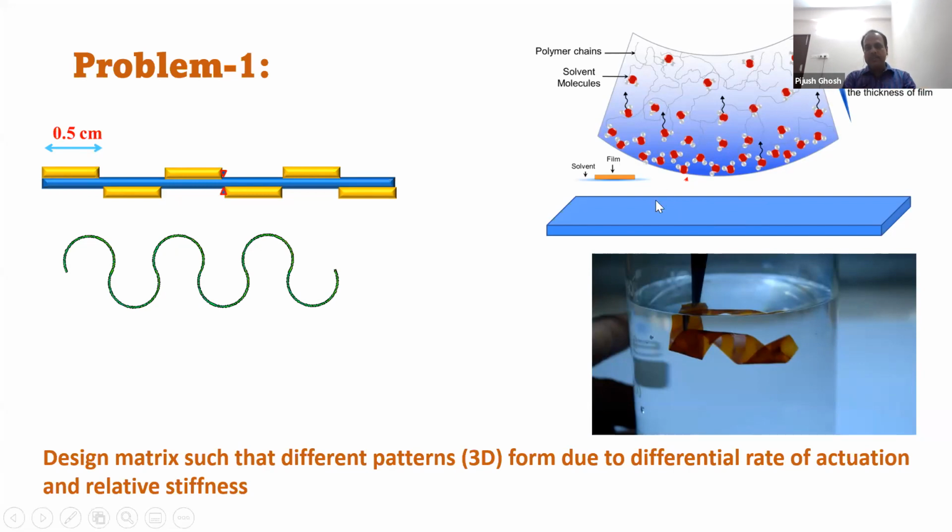Basically, we are trying to introduce certain materials in a certain pattern so that it gives rise to different out-of-plane bending or folding. So we want to avoid lithography here and try to modify the matrix itself with certain materials or nanoparticles so that we can get different types of folding. That's one problem that we have on the table.